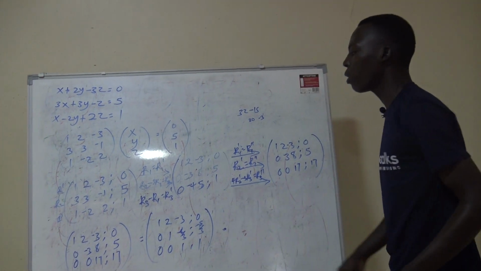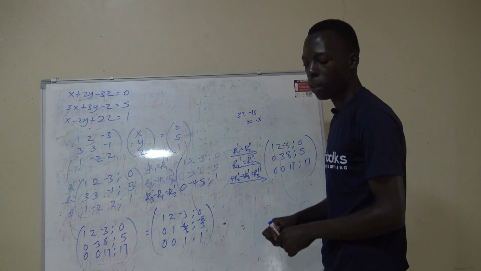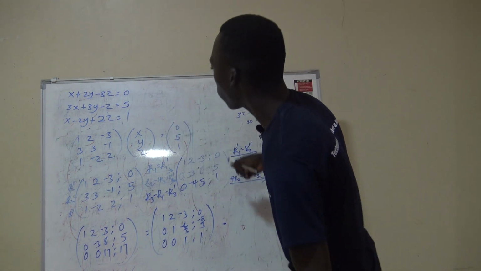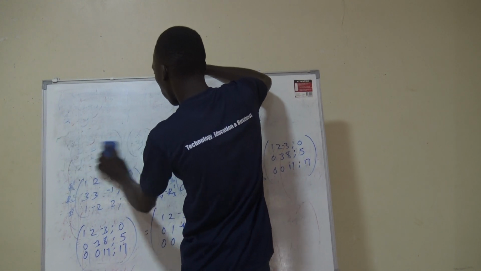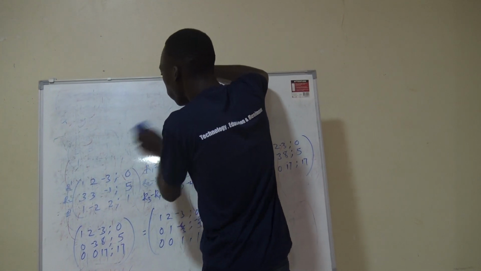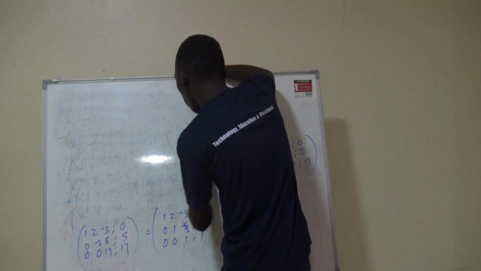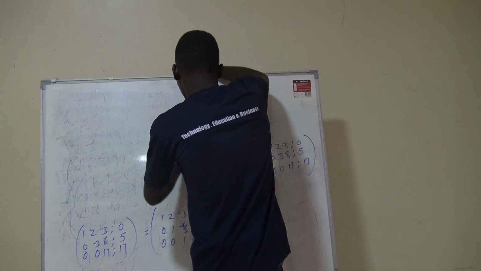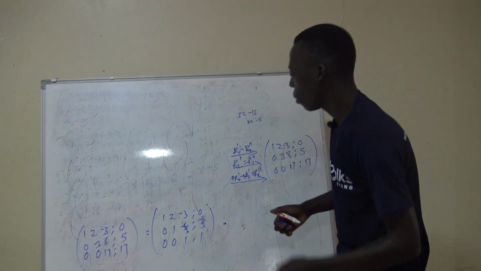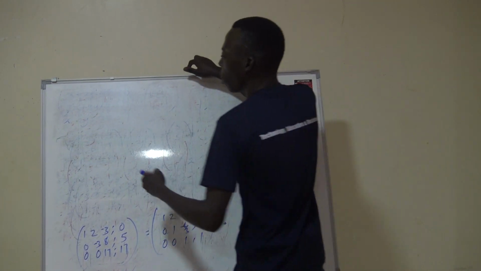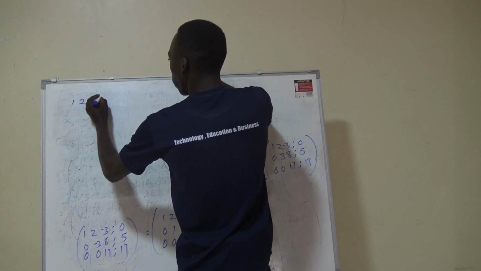So now for that case, we said after writing it in this form, you have now to go back, writing it in a vector form, and from there get the values of x, y, and z. Now for that case, we get the one which is there, which is 1, 2, negative 3.